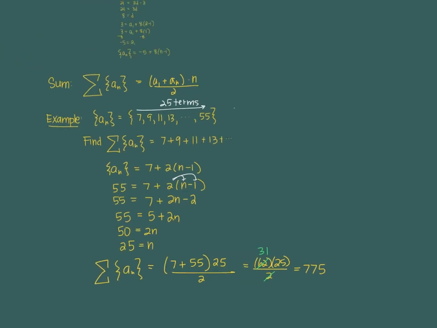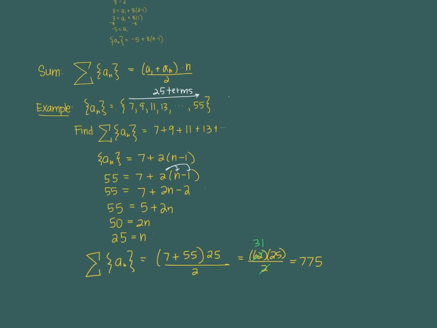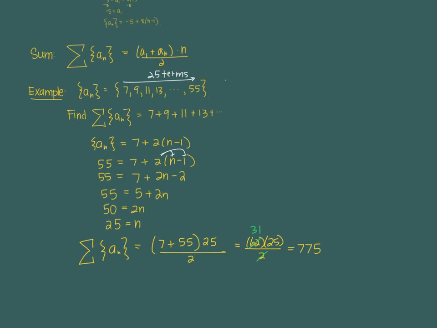All right, so you've got sequences, you have ways to make formulas for them, and you have ways to add them all up. This formula, by the way, only works on arithmetic sequences, okay? It doesn't work for every one. The formulas I've given you today are only good for arithmetic sequences.